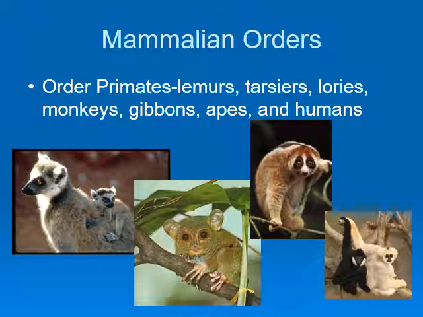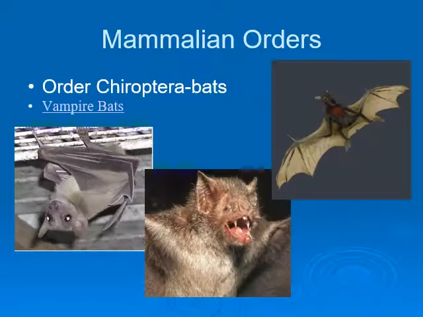Humans have bipedal motion, meaning we walk on 2 feet, but most of them are going to be walking on 4 feet, hands and feet, I should say, for some of their time if they are on land. But like I said, many of these are going to be adapted for moving and swinging through the trees. That's one of the big things that this order of mammals is really good at doing.